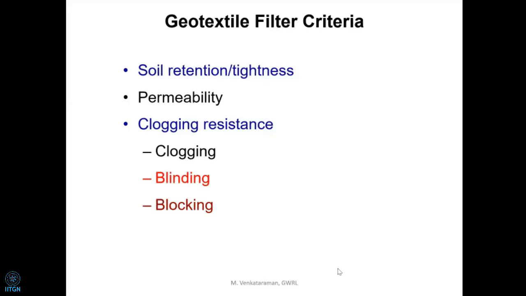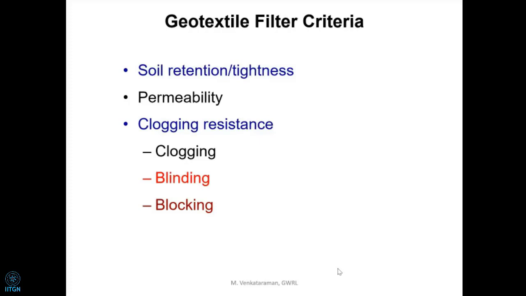There are two kinds of permeability: one is cross permeability, the other is in-plane permeability. Now let us, for this instance, consider only cross permeability. That is, if you are laying a textile filter over the slope, the water from the soil should be able to flow into the river portion or the sea portion.